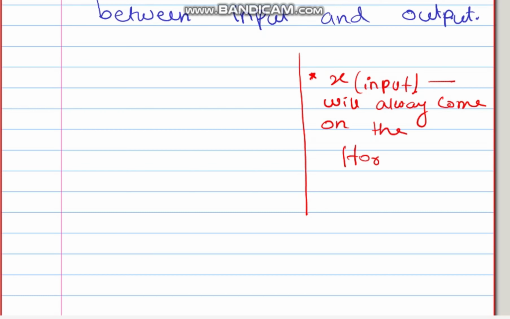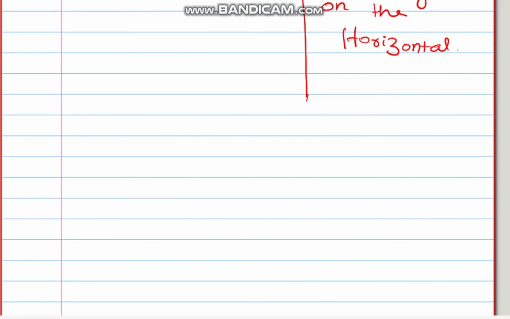Horizontal line is very important. Horizontal line is for the input. Horizontal line is for the x.